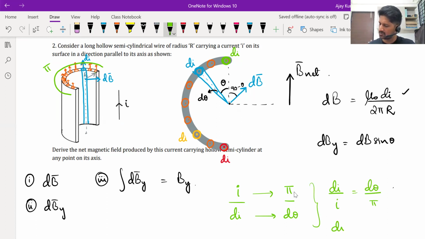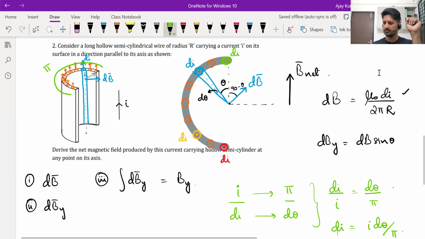So di becomes I d theta divided by pi. That's the current in the part of the surface which subtends an angle d theta. Yes, Isha and Shashank, is this point clear? Yes, sir.